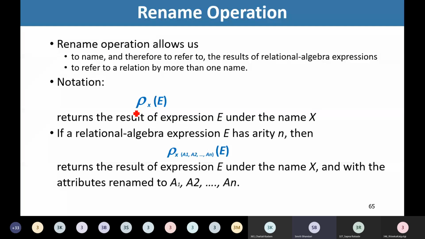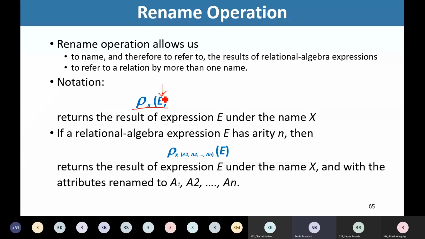Now the notation for this rename operation is like this. This is the Greek letter rho. So this is the rename operation. We are renaming this expression E, and the new name that we are providing to the result of this expression E is X. So this rename operation gives us the result of expression E with the new name X. What is this E?